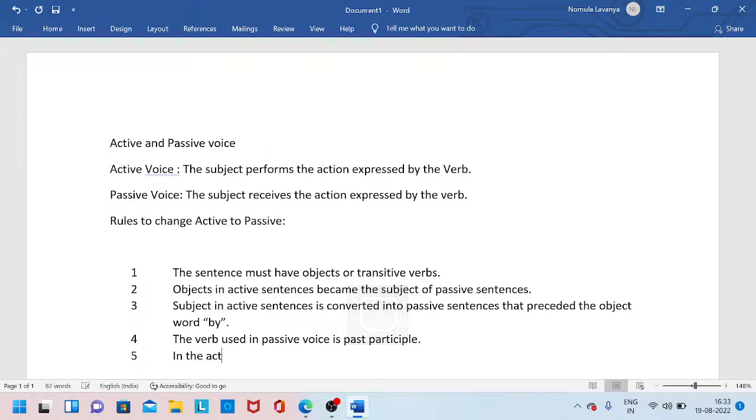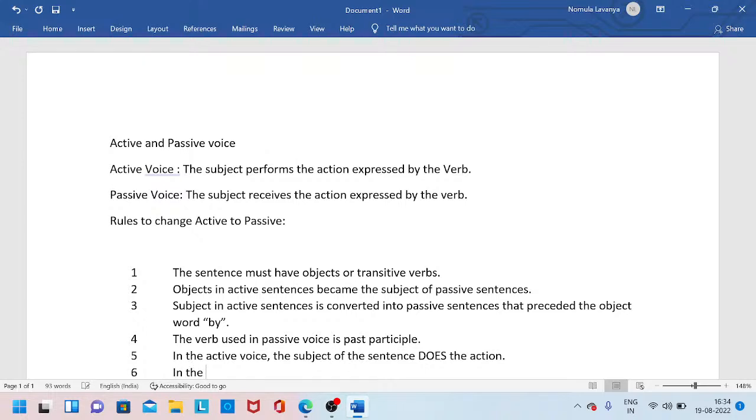In the active voice, the subject of the sentence does the action. And what is rule 6?